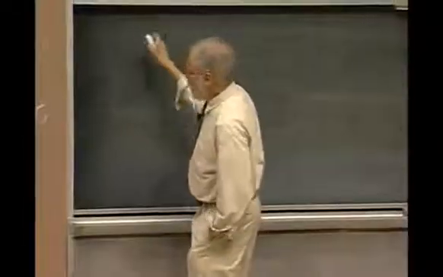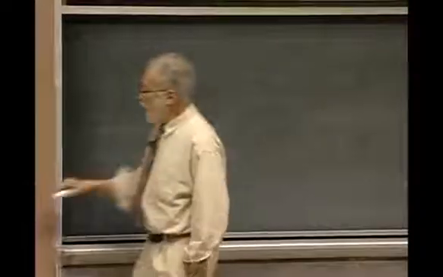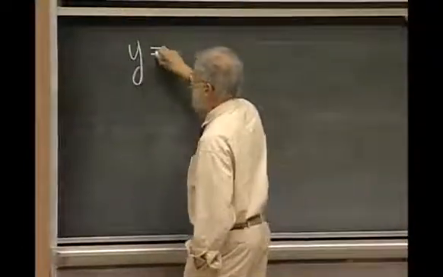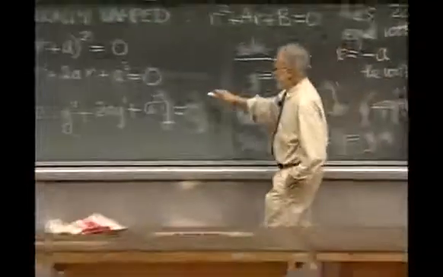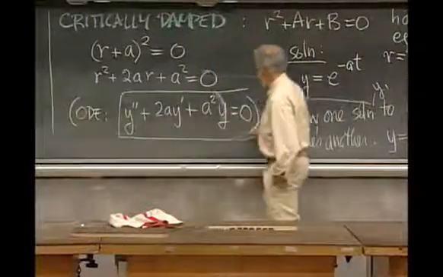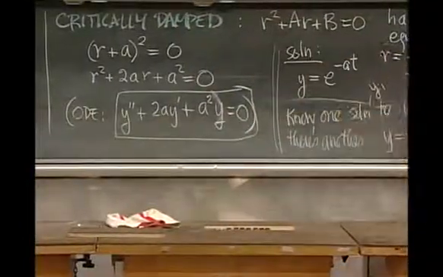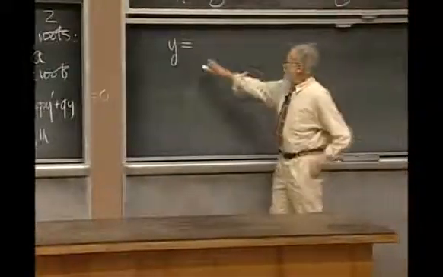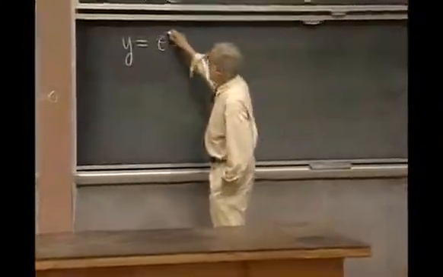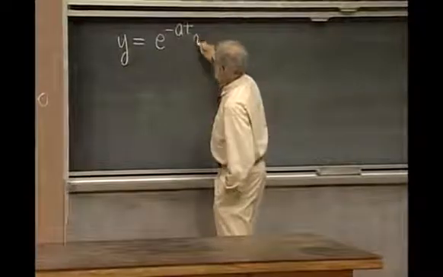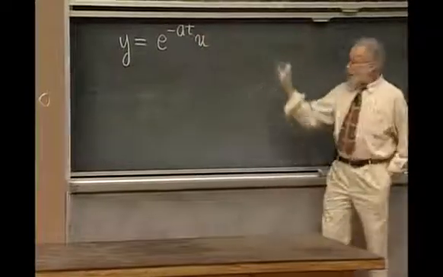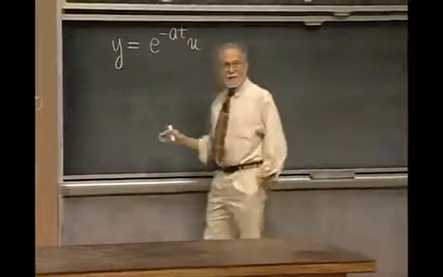The solution we know is e to the minus at. So we're going to look for a solution to this differential equation of the form e to the negative at times u.